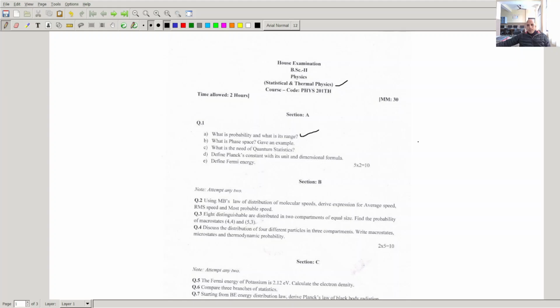So mathematically, probability is defined as P is equal to small n upon capital N. Here small n is the number of favorable outcomes for that particular event for which we are finding the probability, whereas capital N is the total number of outcomes in that event.